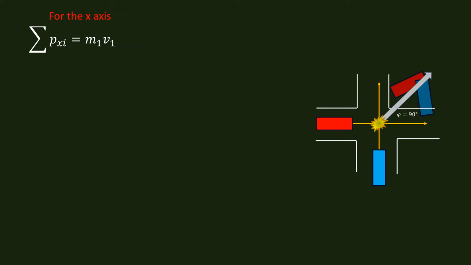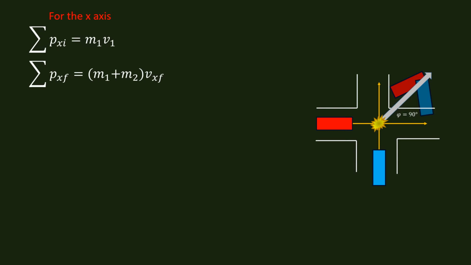Okay, so what we're going to do is the same thing. We're going to do axis by axis, the x and the y. So the momentum for the x-axis is going to be equal to just mass times v. So back to the x-axis, and we have the initial and the final conditions on the x-axis.